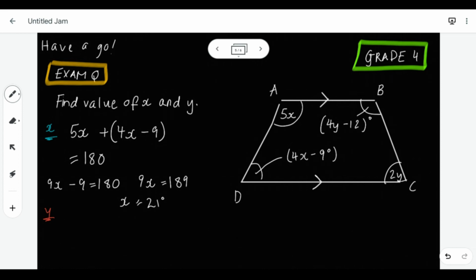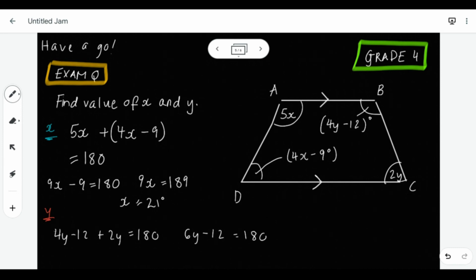Now, for the second part of the question, we have 4y take away 12 plus 2y, which would equal 180. Let's simplify that to 6y take away 12, which should give us 180.